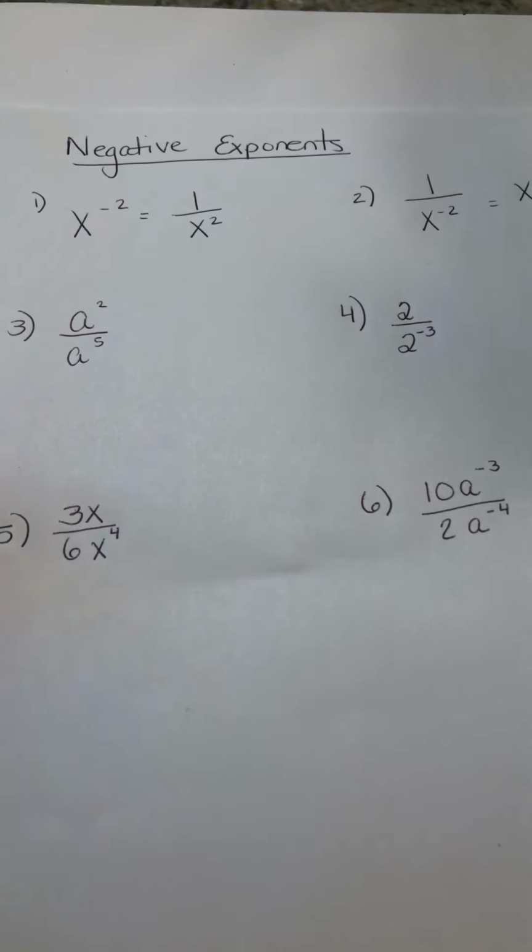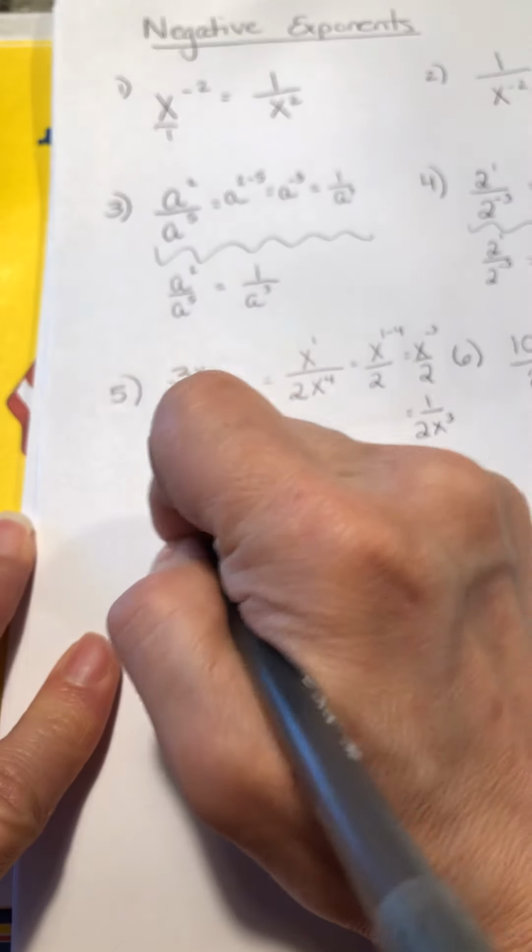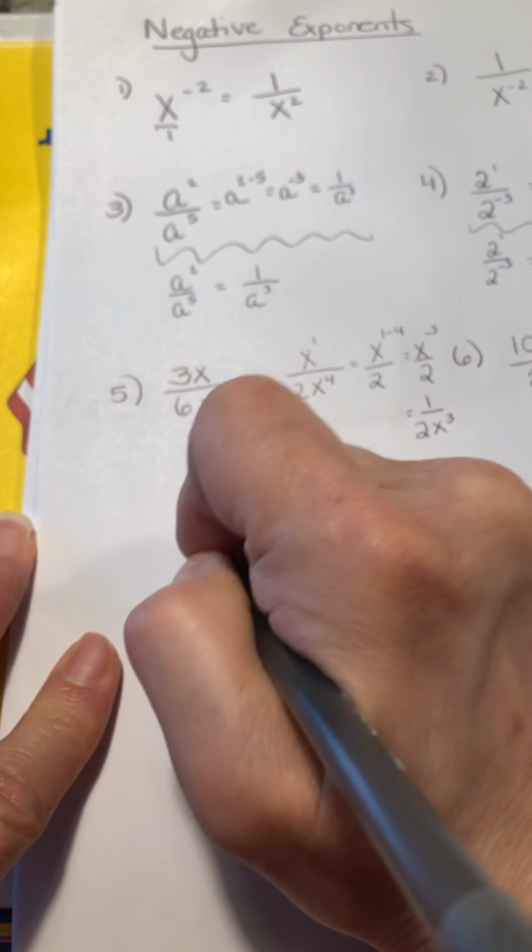So this is like x to the 1st. So again, I could think about it as dividing like bases. I keep the base and subtract the exponents. And that would give me x to the negative 3rd over 2, which is the same as 1 over 2x cubed.